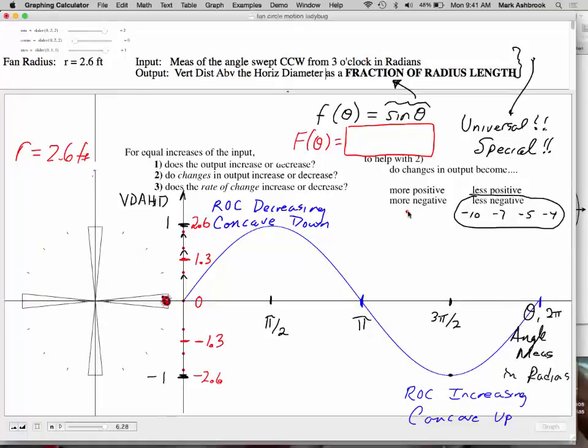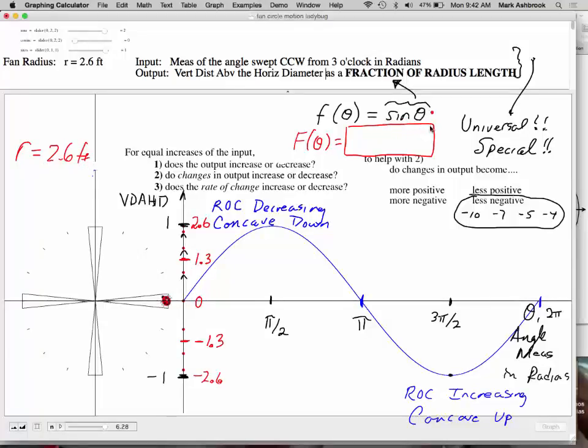Okay, so it should feel pretty easy. Sine theta is always giving me the right fraction of the radius length, and my radius is 2.6 feet. So to get the number of feet, I'm just going to do what? I just always want that fraction of 2.6. So, Pam, what would it be? This is whatever fraction of the radius length I'm at, and my radius is 2.6.